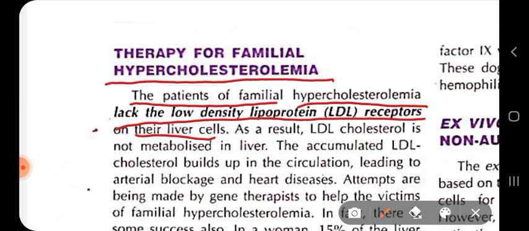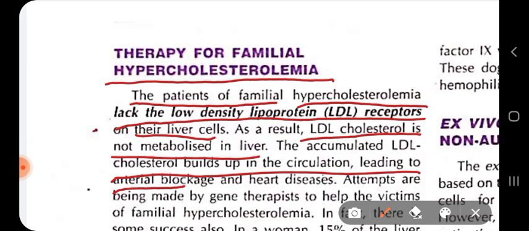Now, if low density lipoprotein receptors are not present on the liver cells, that means the gene responsible for that receptor formation is somehow non-functional, becomes inactivated, and this low density lipoprotein cholesterol does not get metabolized in the liver. It gets accumulated within the blood circulation, and that can cause different types of artery blockage and heart disease.